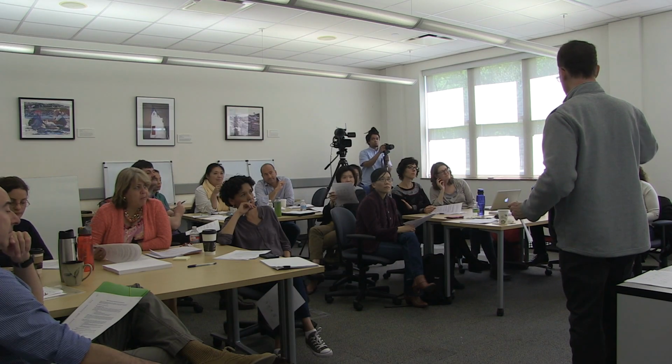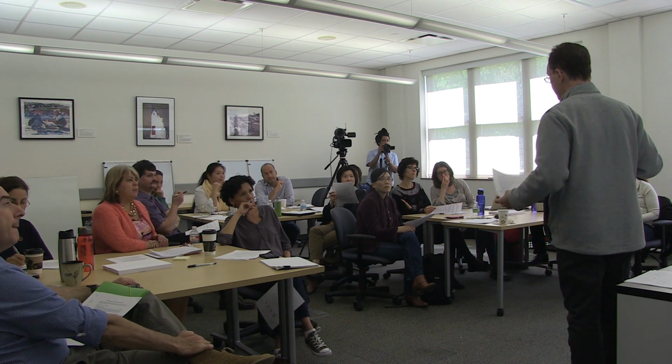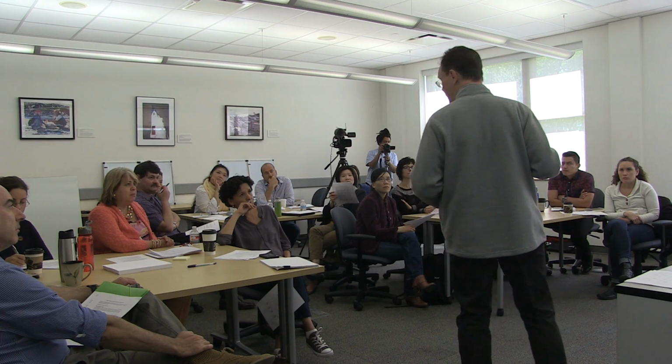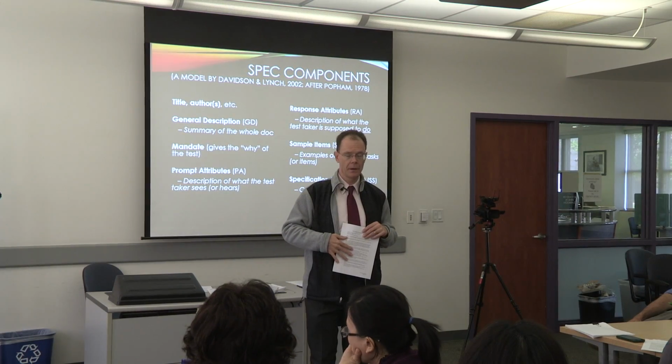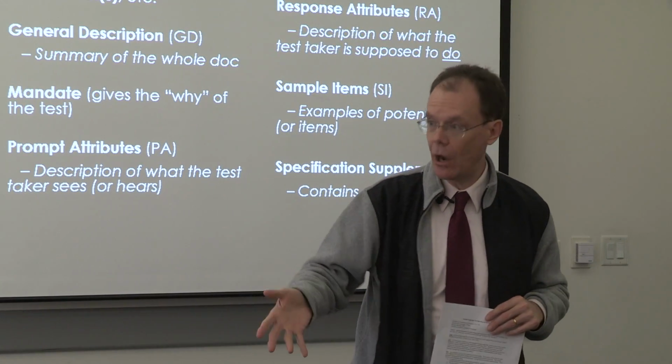If we can clear things up at the spec stage, then hopefully we won't have problems when we actually make a test. Now, of course, when we're starting a new test, it's a new exploration. You can write what you think is a very good spec, and then you pilot the test, you try it out.